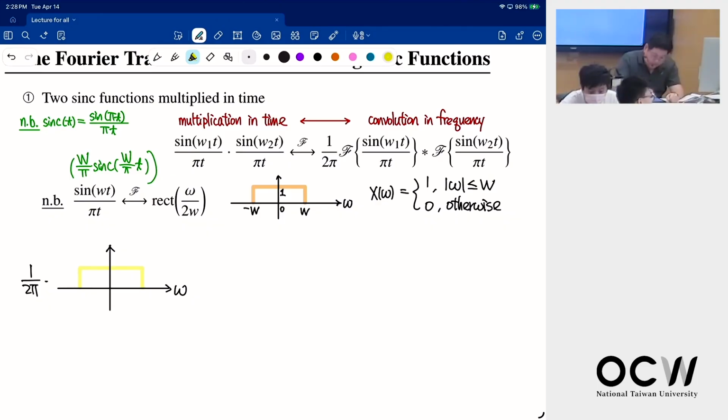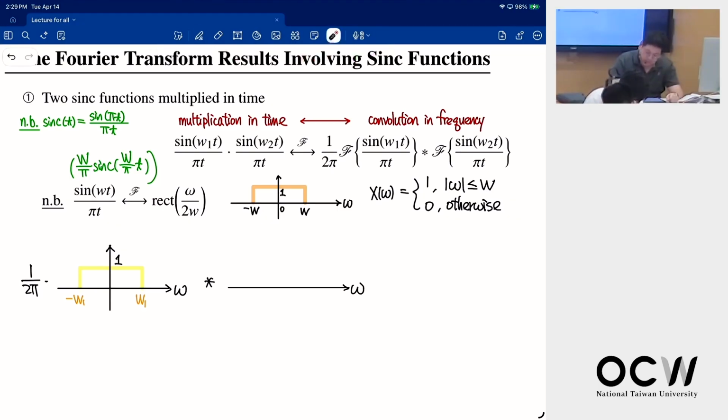For this one, the amplitude is 1, from minus W1 to W1, convolved with the second one, W2.